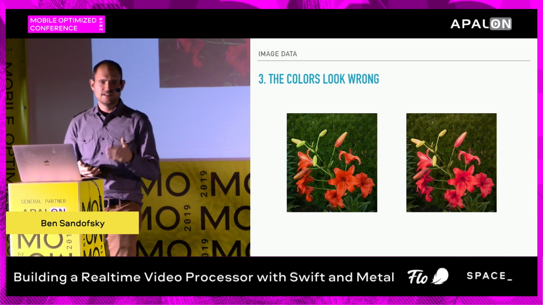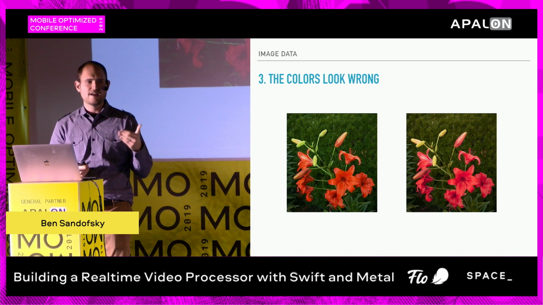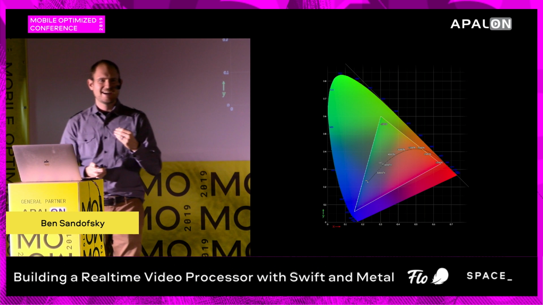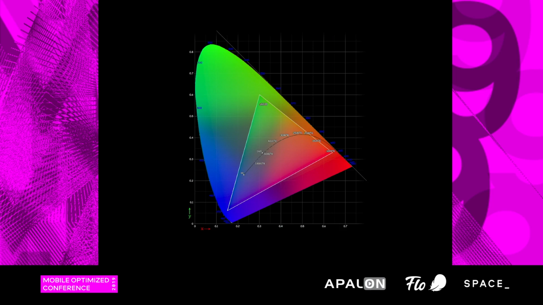This is a problem that has occurred only in the last few years as we're now dealing with devices, I think, from iPhone 7 and above. Color spaces. It's the Y2K bug of graphics, where everyone made assumptions about what color space you're working in. So what is a color space?